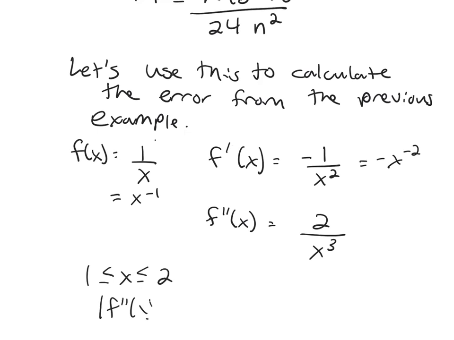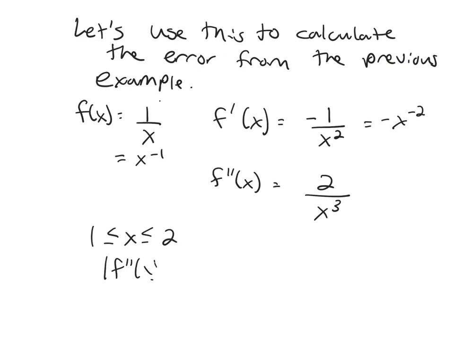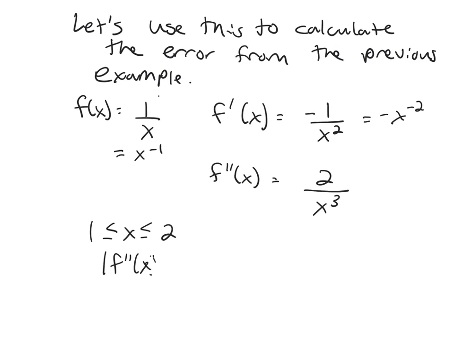So let's look at our second derivative here. First thing, this is positive when x is between 1 and 2. And I want to say how big this can get, the largest value it can be. x only appears in the denominator.